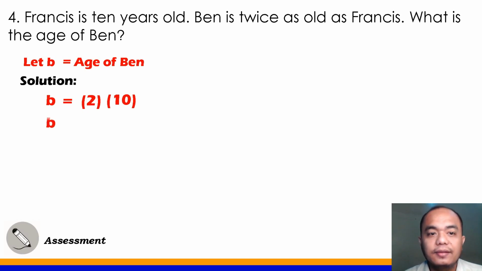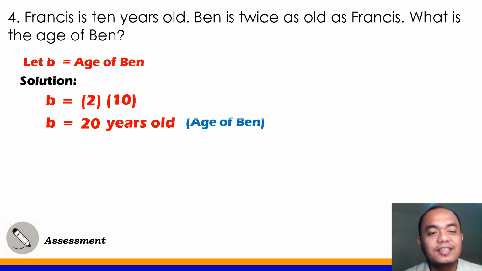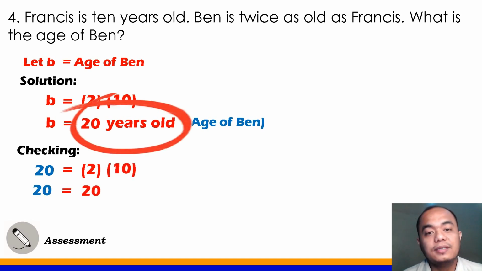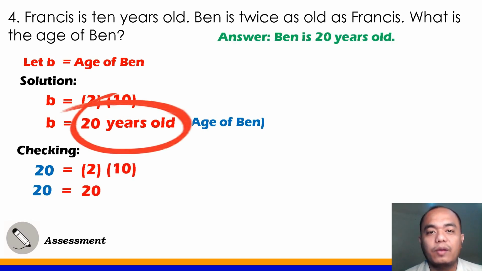Diba? Then B equals 20. So Ben is 20 years old. Now let's check. Okay, so we'll use 20 to represent the age of Ben. So nakita natin sa ating solution. And then 2 times 10. So that means our answer is correct. Our final answer here is Ben is 20 years old.